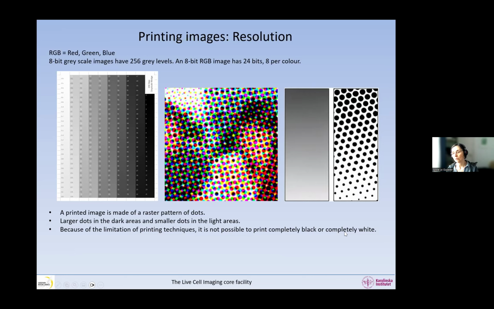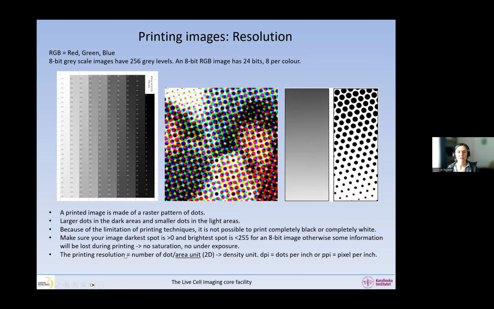The printing resolution is expressed, as we had a little hint of in the Omero workshop, in dpi or ppi. These are basically the same. dpi is dots per inch and ppi is pixels per inch, depending on whether we talk about an image or about paper, but basically it is the same thing.